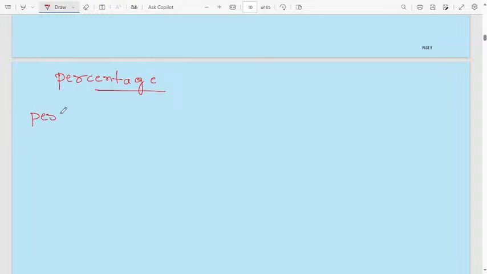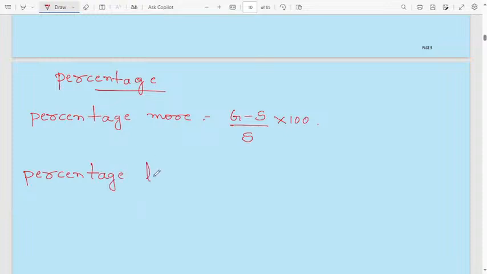If you want to calculate percentage more, we use greater number minus smaller number divided by smaller number into 100. Then percentage loss is equal to greater number minus smaller number divided by greater number into 100.